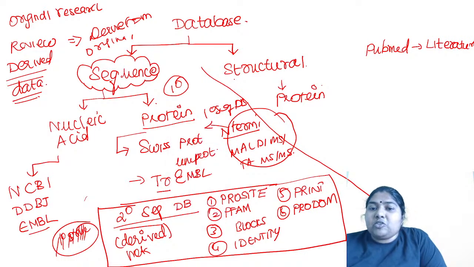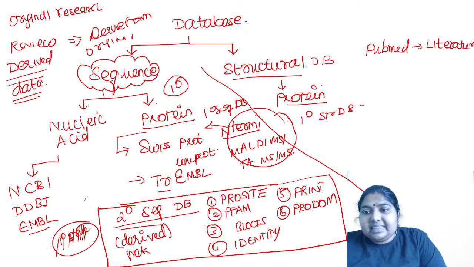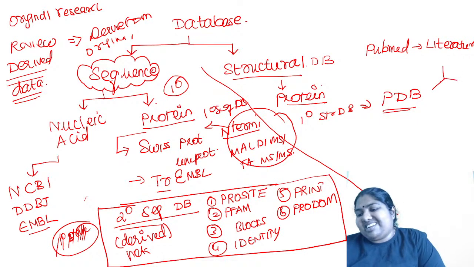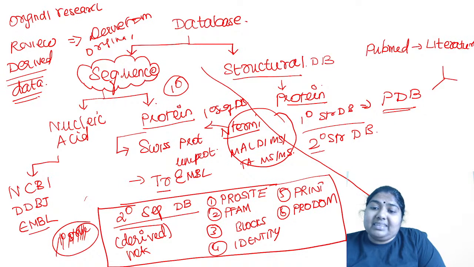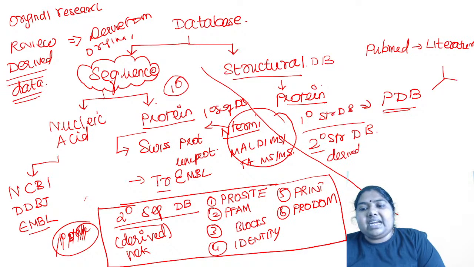Okay, so now coming to the structural database. Under the structural database, under the protein, you have the primary structural database. This is only going to be your PDB, Protein Data Bank. It will give you a 3D structure. Only one is there. But the secondary structure database, or you call it the derived structural database, is going to include SCOP and CATH.